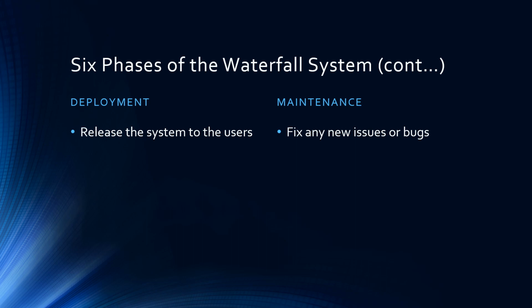The fifth process is the deployment. It's basically once the QA team goes through and fixes the bugs and the errors, and they go back starting from the very beginning of the waterfall system. And again, you have to go in order.